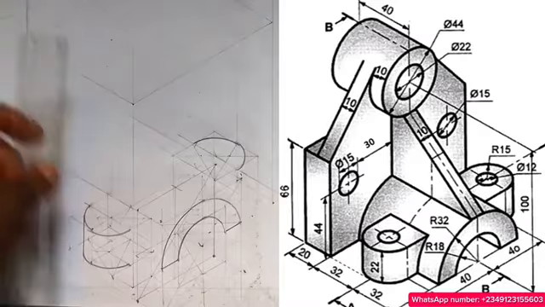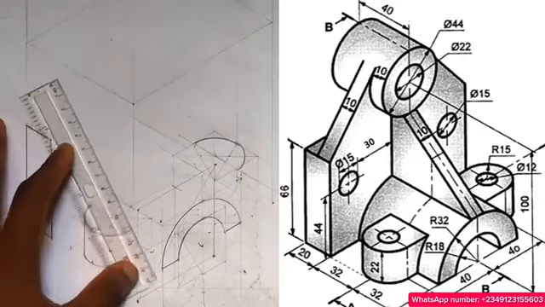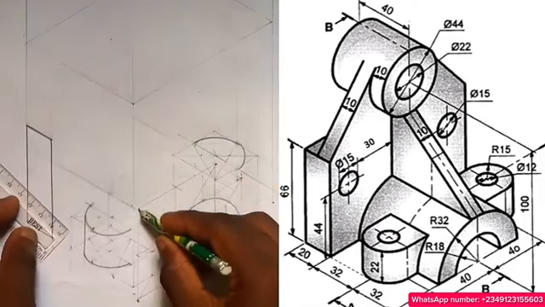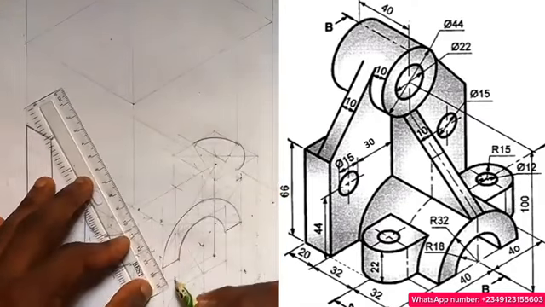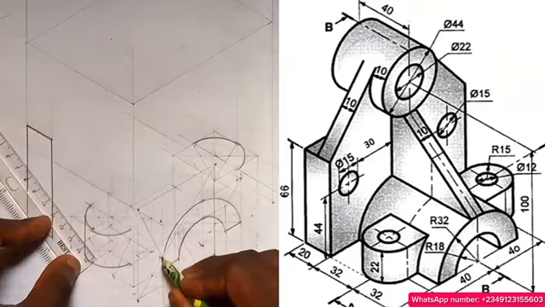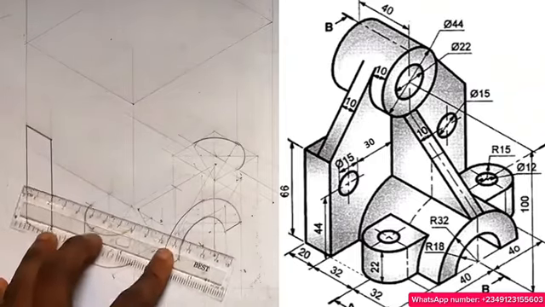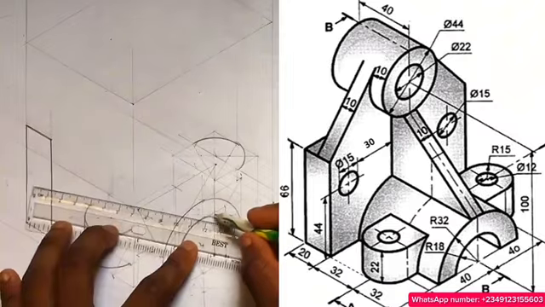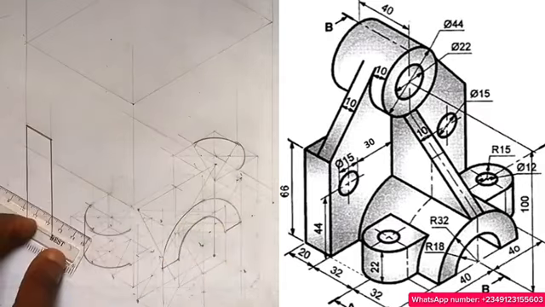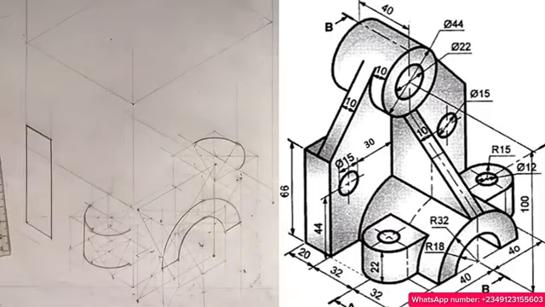What's my next task? My next task now is to take this point here and connect it to this point here. So this one to this. And also I'm connecting this point here to this. So that's what I have here.